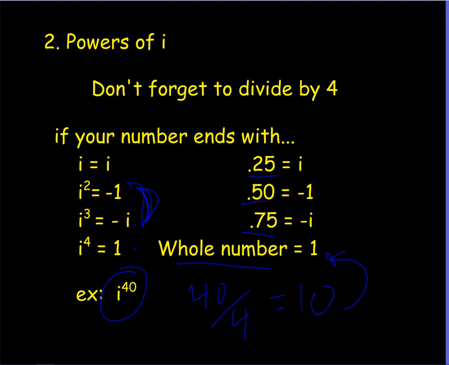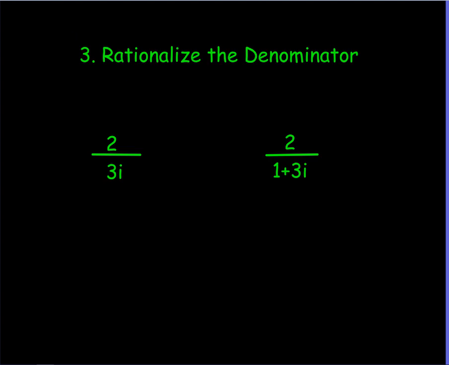Number 3 was rationalizing the denominator. This one was kind of tricky, so I have some examples here. For rationalizing the denominator, you're basically multiplying by the conjugate. Remember, if it is a pure imaginary term, the conjugate here can just be -i.